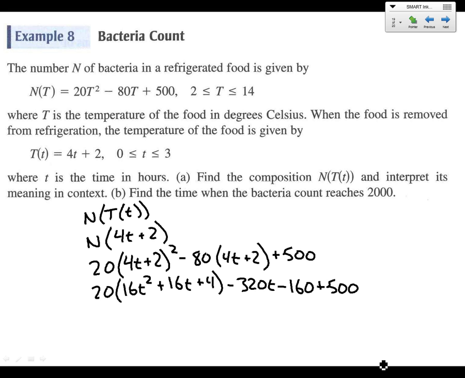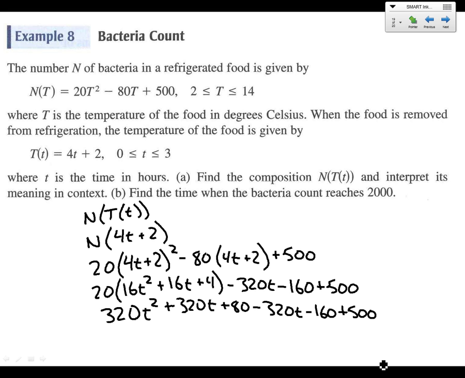I'm going to distribute this 20 in here. 20 times 16 is 320t squared. 20 times 16 is also 320, so in this case it's 320t plus 80, minus what we already had, 320t minus 160 plus 500.